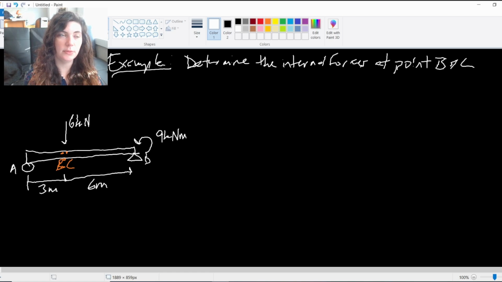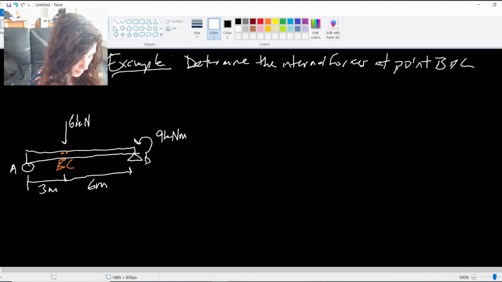So we have this beam, it's supported by a roller at A and a pin at D, and our very first step in this is finding our support reactions. Always going to be our first step, unless we can get away without it, but in this case, when we split up our beam, we're really going to need to know these support reactions. So I'll draw my free body diagram first.